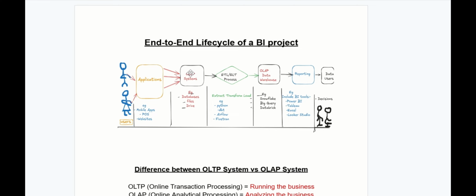Examples of OLTP systems are relational databases such as PostgreSQL, MySQL, and SQL Server. These systems are designed in a way that allows fast transactions.